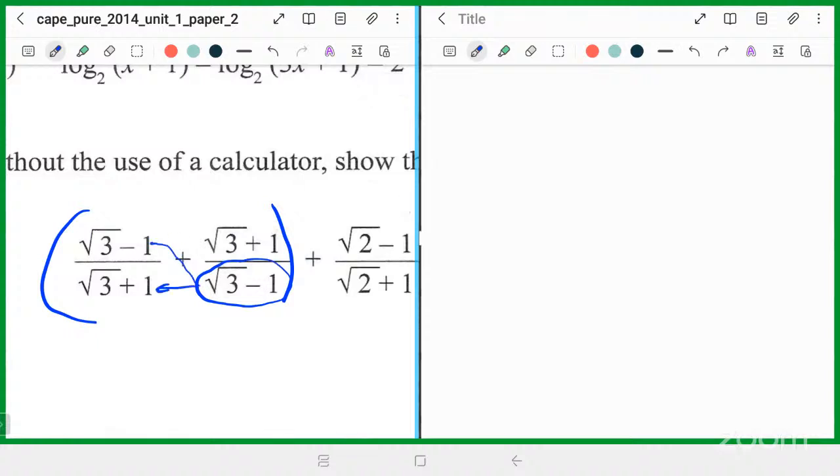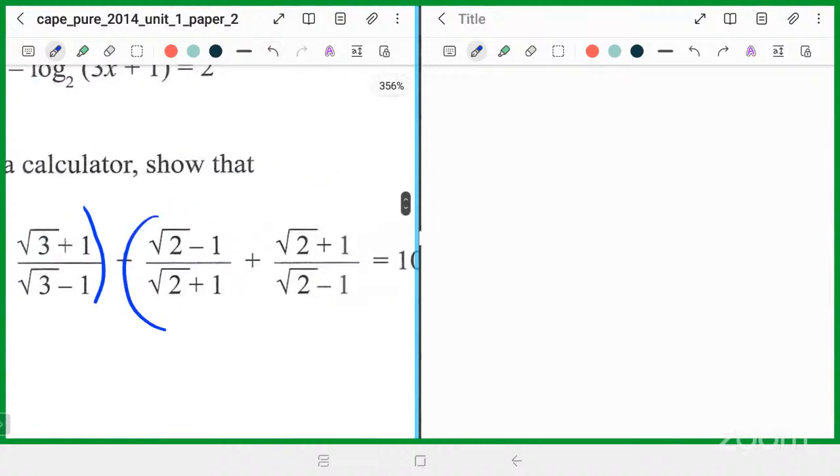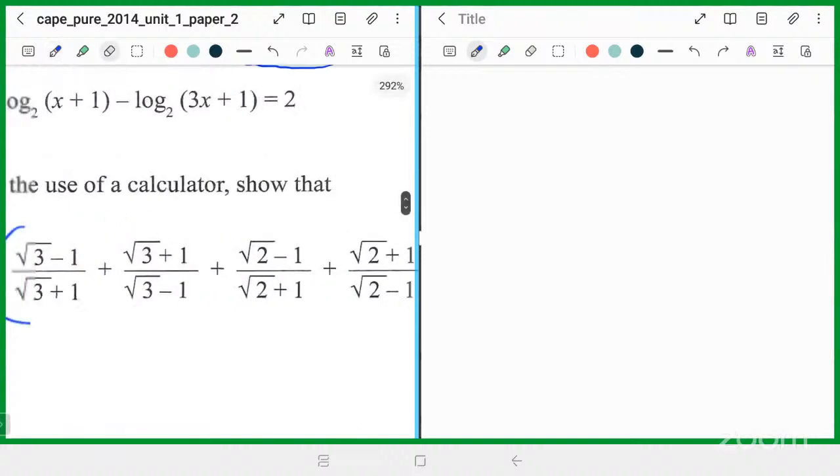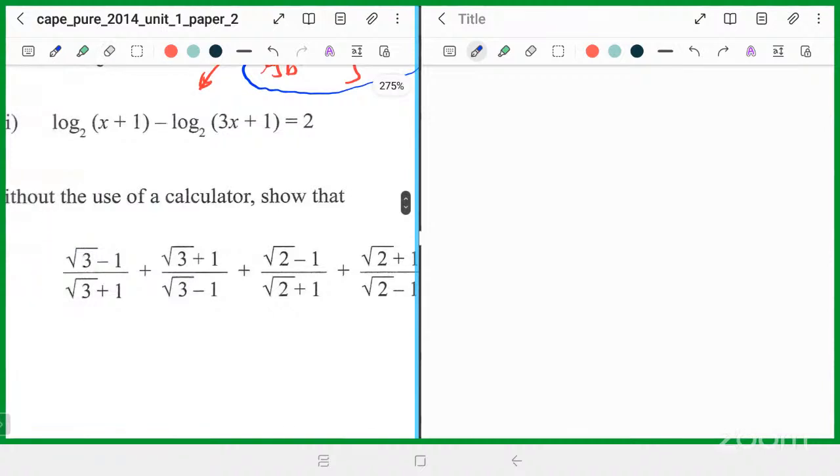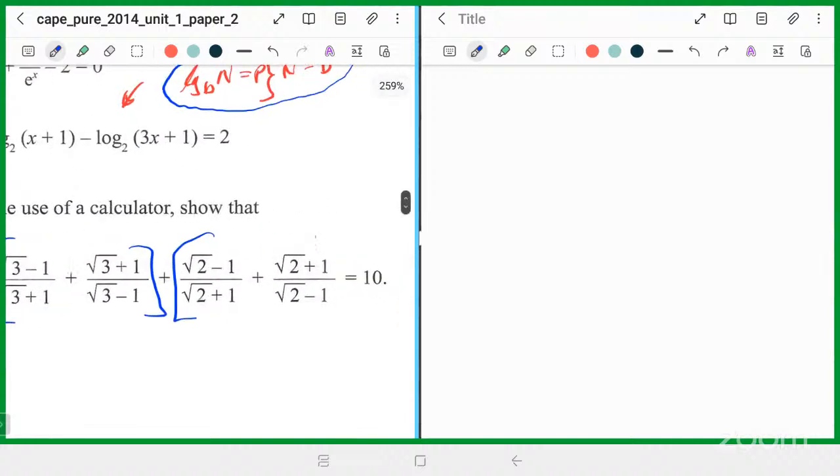And that will create the difference of 2 squares in the denominator, which will rationalize these surds. And then I do the same thing with these two. Again, this denominator multiplies up here and down here, and vice versa, and will cause us to have rational numbers in the denominator. So I can approach this by adding these two and adding these two, and then add up the result, and it should all be 10.